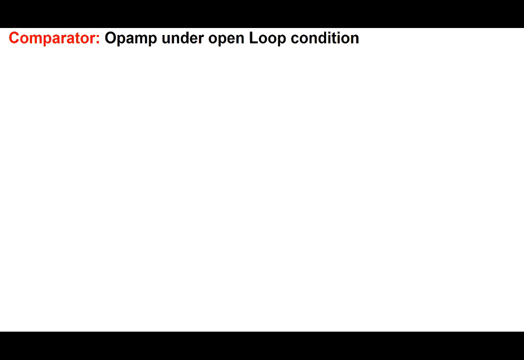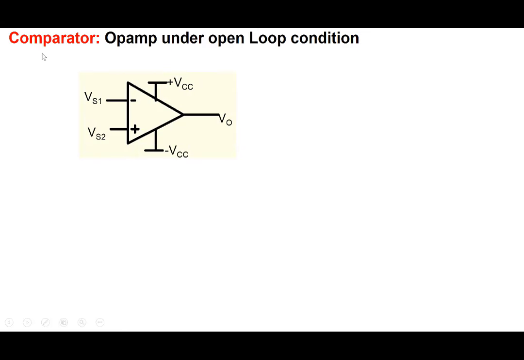All right, so far we've used the op-amp under closed loop condition and negative feedback. Op-amps under open loop condition are also useful. And one such block is a comparator. Whenever you want to compare two voltages, you can use an op-amp or a slightly modified op-amp. So if we use an op-amp like this, with VS1 fed into the inverting and VS2 into the non-inverting input, note that the op-amp's internal circuit can be modeled as having an input resistance Ri, very high gain and very low output resistance.